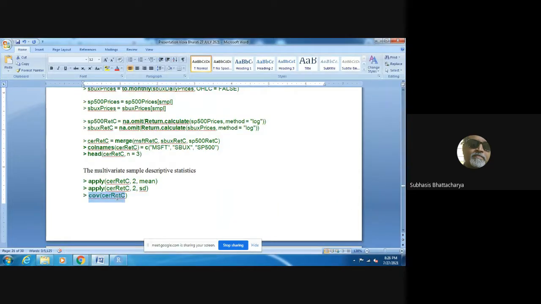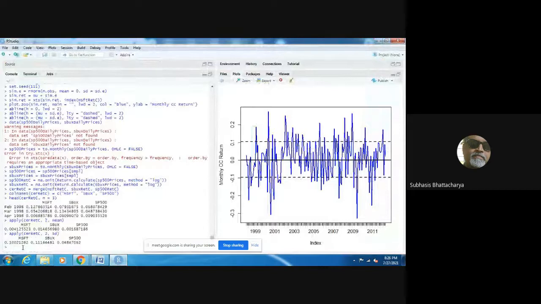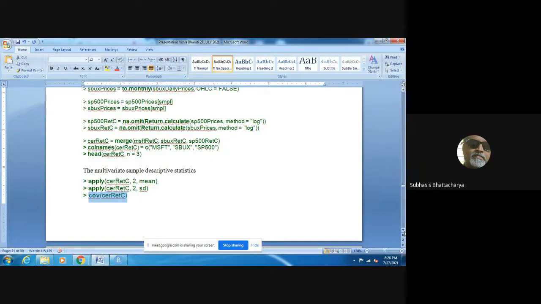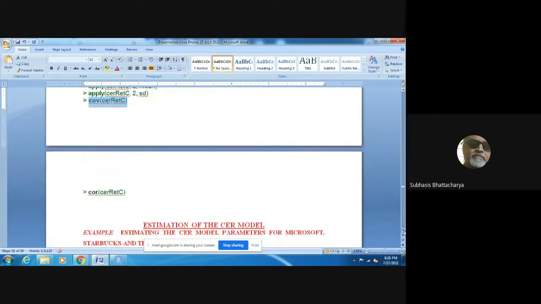So we find out the covariances. So these are the covariances. That is the covariance between Microsoft and Microsoft itself, Microsoft and Starbucks, Microsoft and SP500. These are the different covariances. Rather than covariances, correlation is more significant for us.